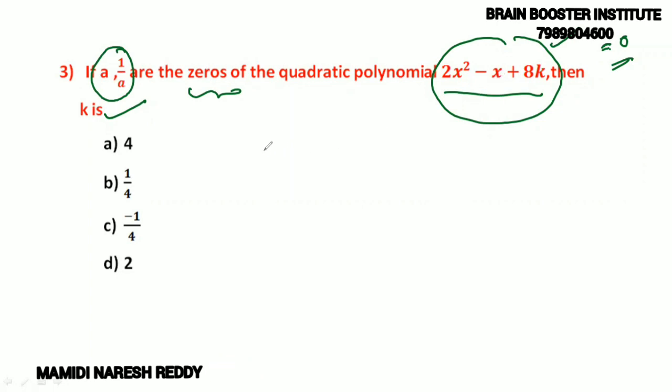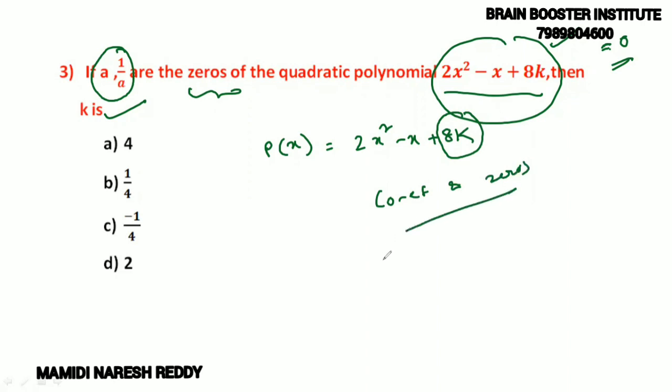So let's take the given quadratic polynomial, my dear students. Now p of x is equal to 2x square minus x plus 8k. See, it's a very simple problem. We need to find the k value, and the k value is placed at the constant place here. So we need to take the relation among the coefficients of a quadratic polynomial and the zeros.